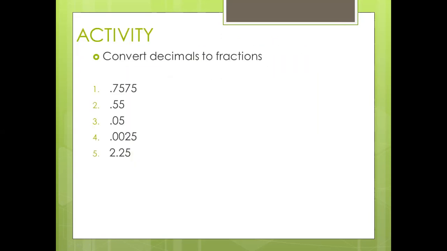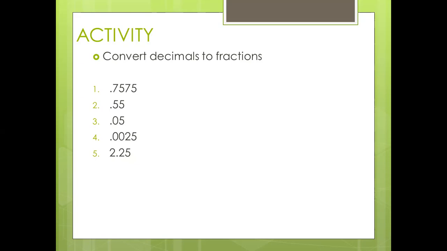So for this week, we have activities. For your activities, we have Activity 1, letters A and B. For letter A, convert each of the following fractions to decimals. You may show your solutions. And for letter B, change each of the following decimals to fractions and show your solutions.